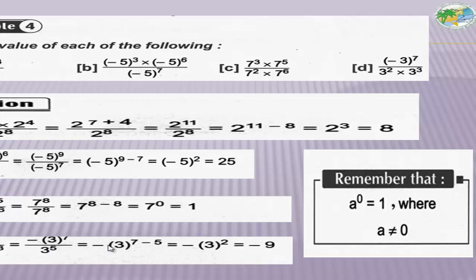So negative 3 power 7 over 3 power 5. Why did we take the negative outside? Because the power is an odd number and I want equivalent bases with the same base, in both number and sign. So negative 3 power 7 minus 5 equals negative 3 power 2 equals negative 9.